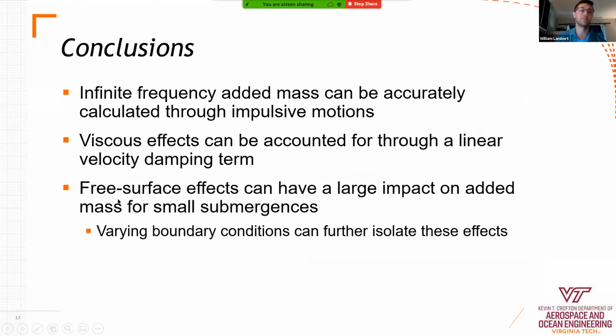We also note that the free surface effects can have a large impact on the added mass, especially for small submergences, depending on if you're near a rigid wall or a freely deformable free surface. And as we move back towards isolating terms in this model, maybe varying these boundary conditions can further isolate those free surface effects.